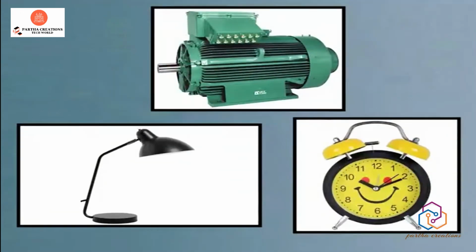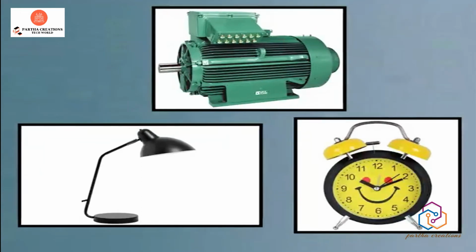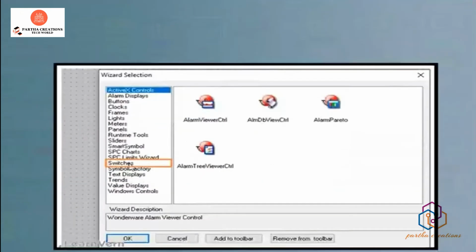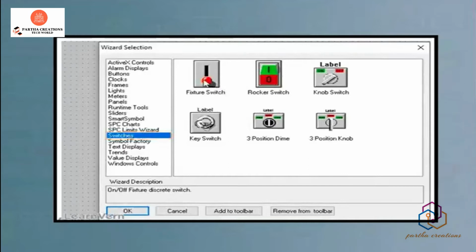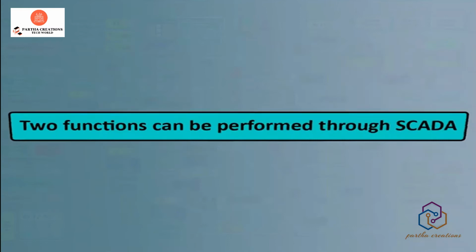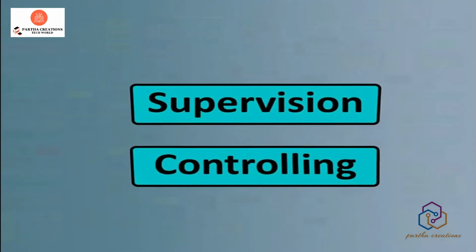With the help of SCADA, you can easily check if a particular motor is functioning properly or not in the plant from the comfort of your office. Along with that, the switches can be accessed in the system to operate the motors if needed. We can control the inputs and outputs while sitting in the control room through SCADA. Okay, so two functions can be performed through SCADA, that are supervision and controlling.